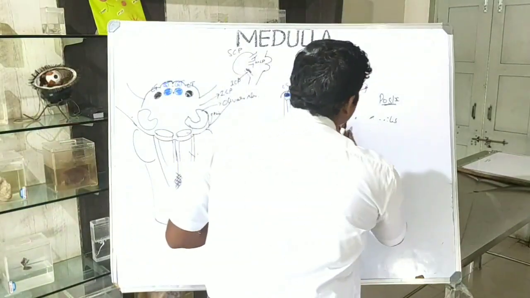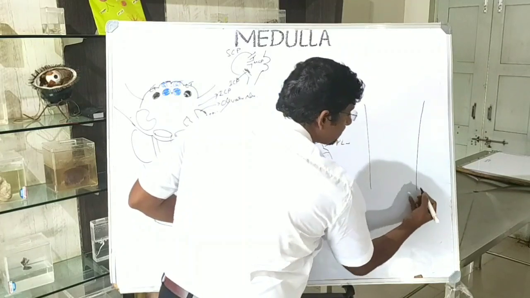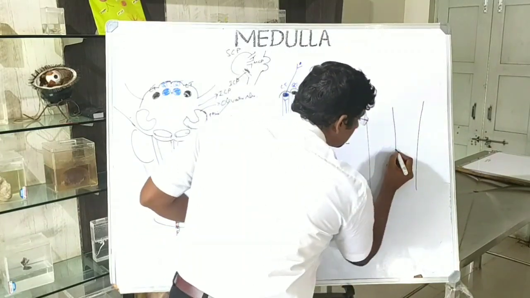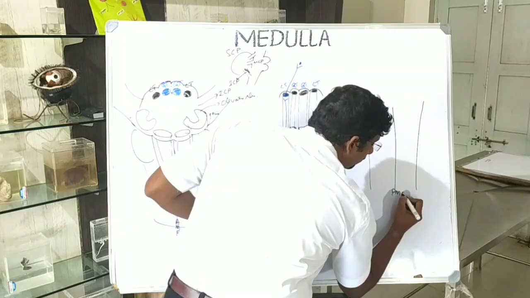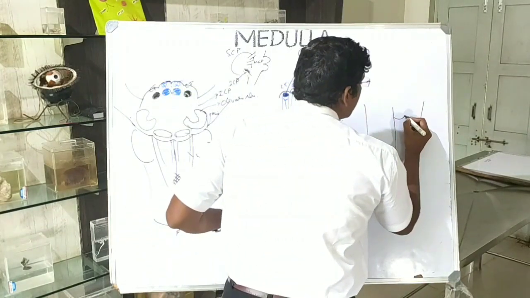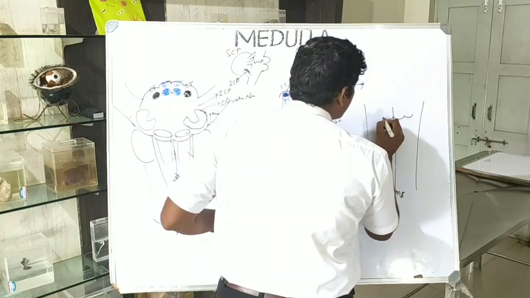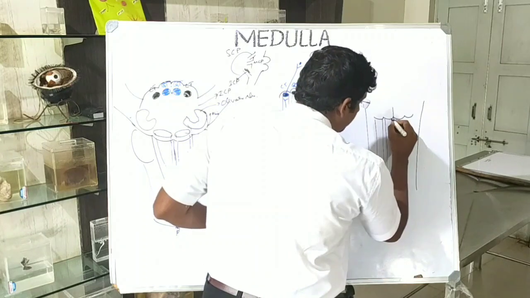If you see on the posterior side, okay, this is a spinal cord, and in the spinal cord we have posterior median sulcus, isn't it? And this area, what is there? The fasciculus.